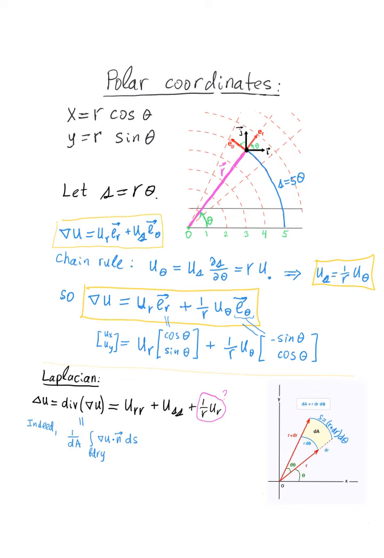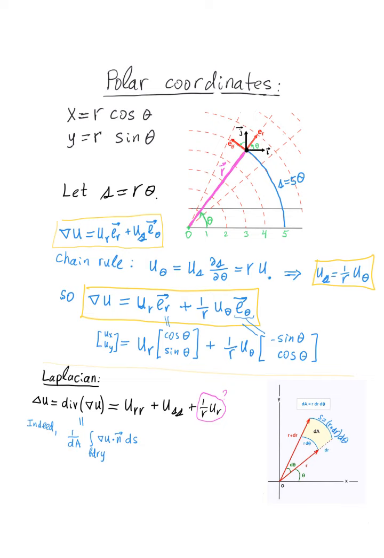Recall from calculus that we can define divergence by taking some small region and taking the integral along the boundary of the normal component of our gradient vector field, and dividing by the area of the region.